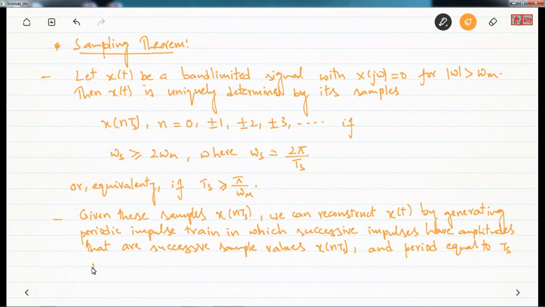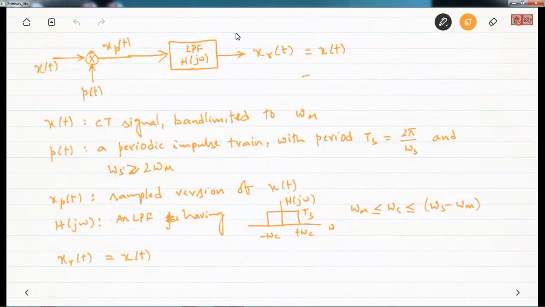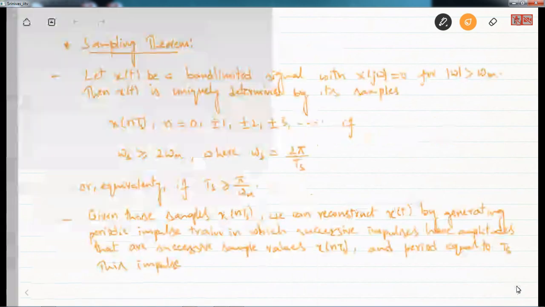So this impulse train is then passed through a low pass filter. What I'm trying to describe here is this last portion of the diagram. We described up to this portion, and now we are describing the last portion in words.